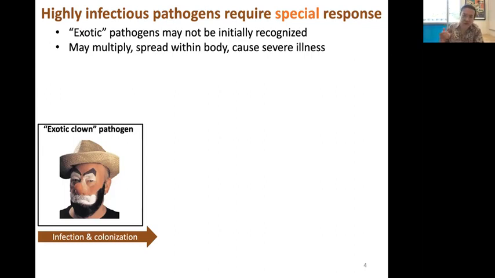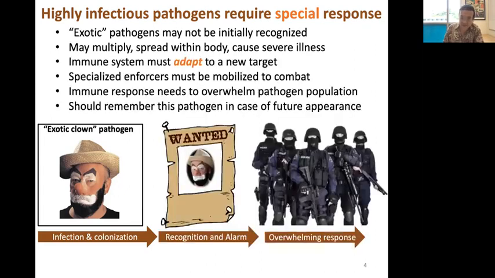Right? So an exotic pathogen like this might not be initially recognized by your immune system. It may multiply, spread within the body, and cause severe illness. So therefore, our immune systems must adapt. They must go beyond what they come pre-programmed to recognize and actually learn how to recognize something new.